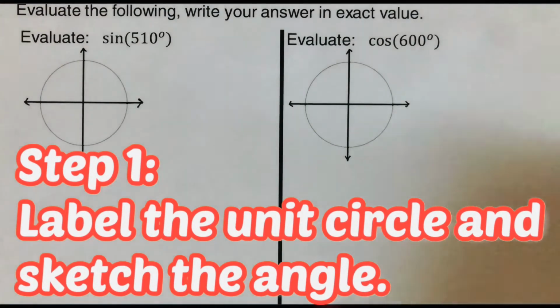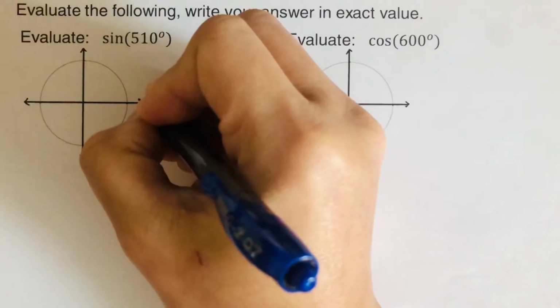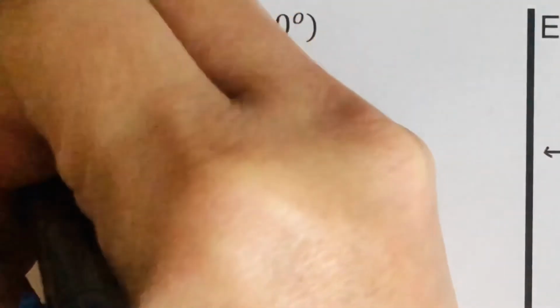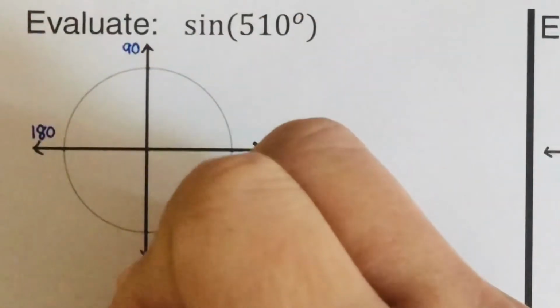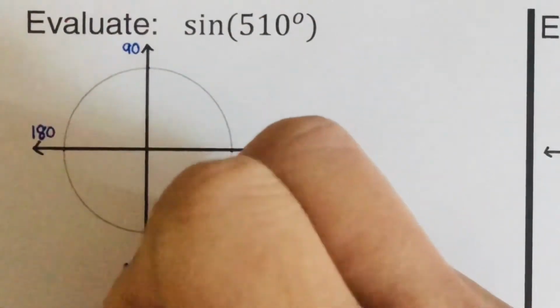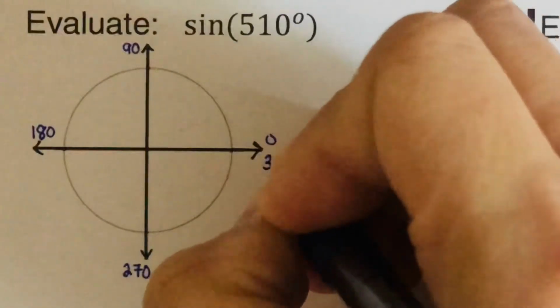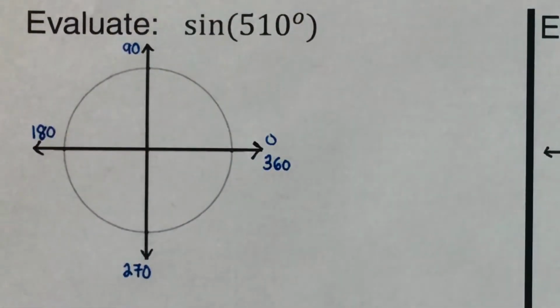We start with 0, and this is 90, this is 180, this is 270, and this is 360. So that is one turn. Now, remember that this is 510, so that means we go around one more turn.